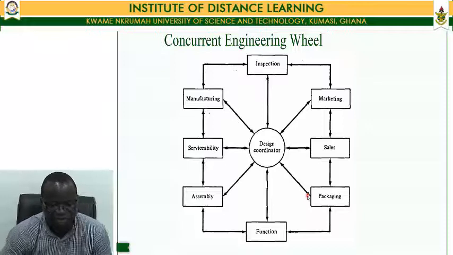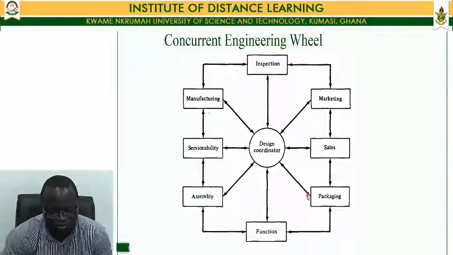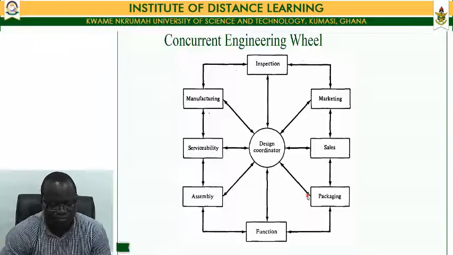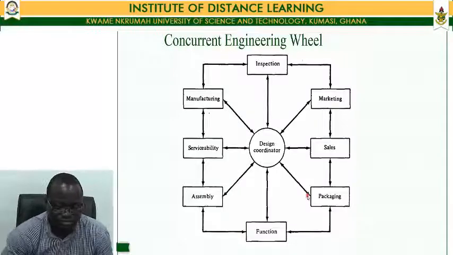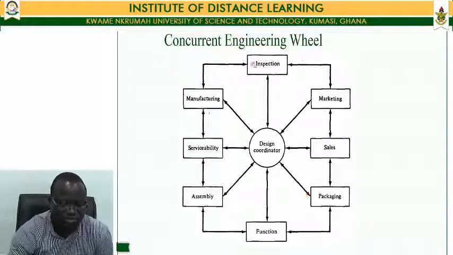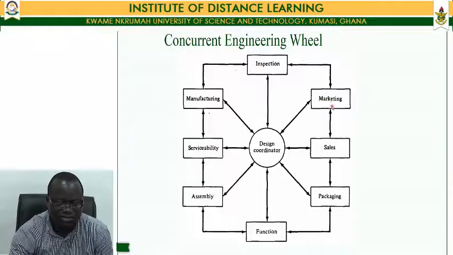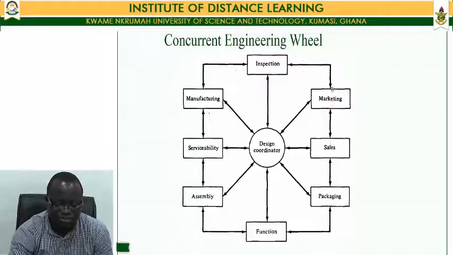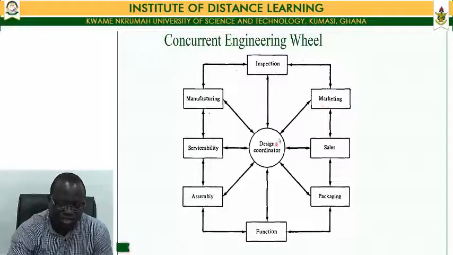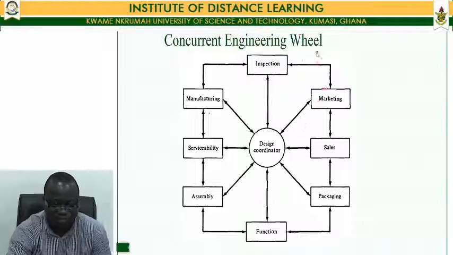So you notice that the wheel has a double arrow coming across. Now, if we want to expand this, the arrows actually move across each other. That is, inspection will be talking to marketing, marketing will be communicating back. At the same time, marketing will be talking to sales, sales will be communicating back, marketing will be talking to the design coordinator, and then there will be that back and forth interaction.